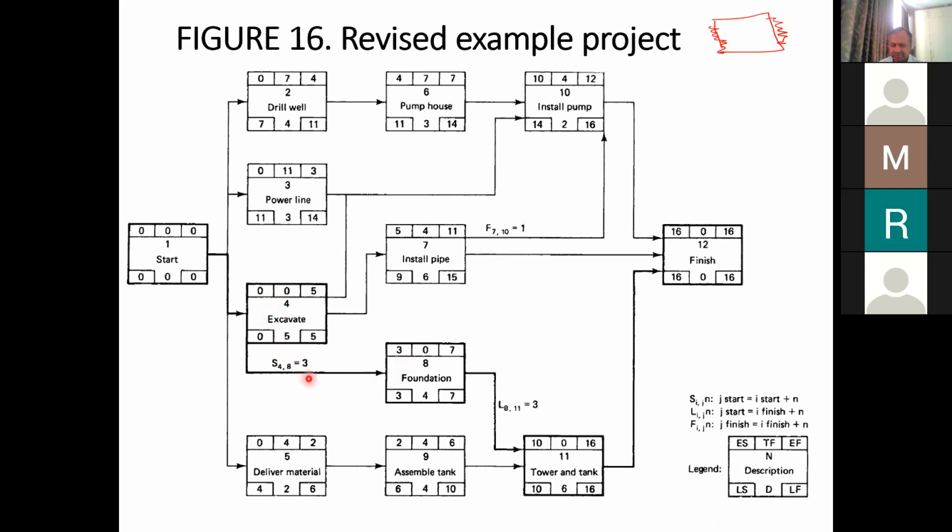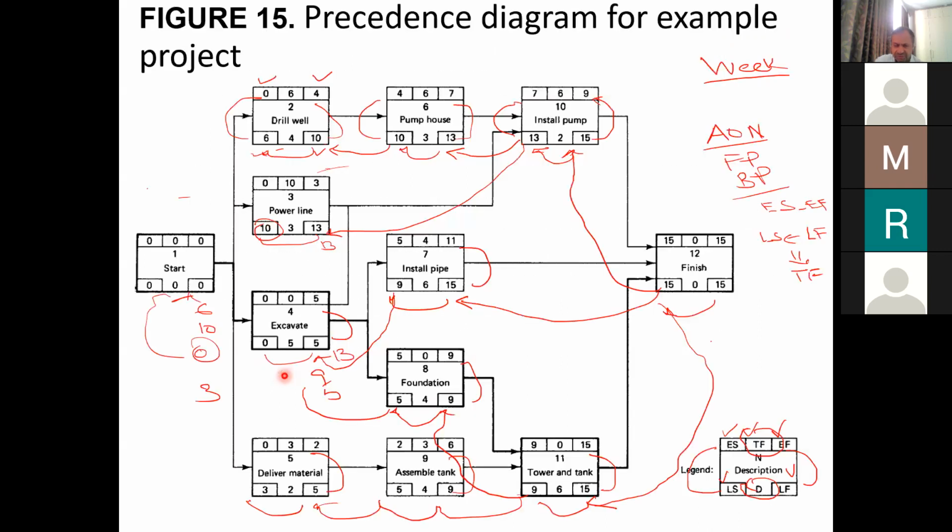Maybe when the excavation has been done for 3 weeks, we can start the foundation work. So a start to start relationship has been added. You can see that this relationship is starting from the starting edge to the starting edge of the foundation, and it is represented by 3 days. Originally, this relationship was not there. Instead, there was a finish to start relationship.